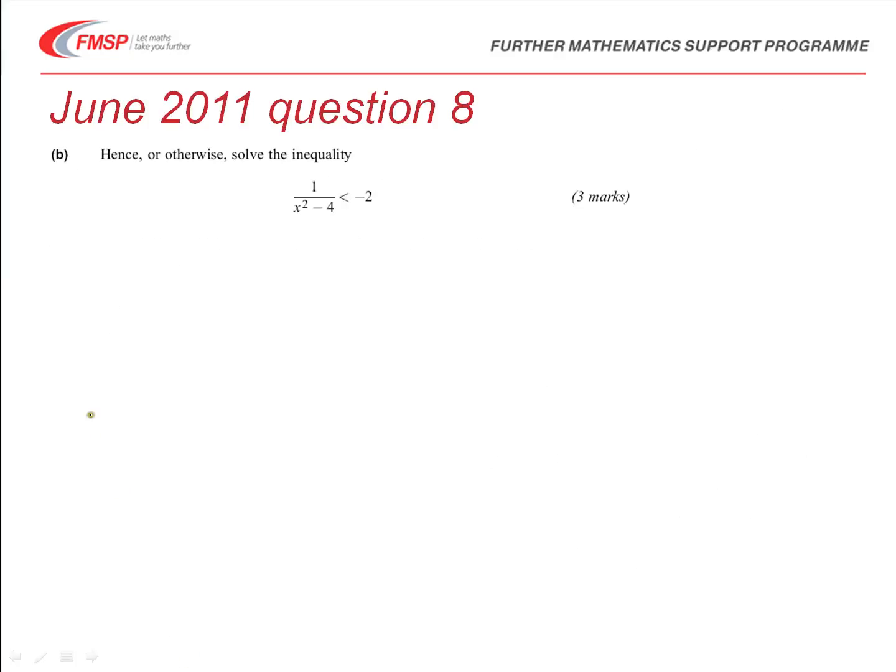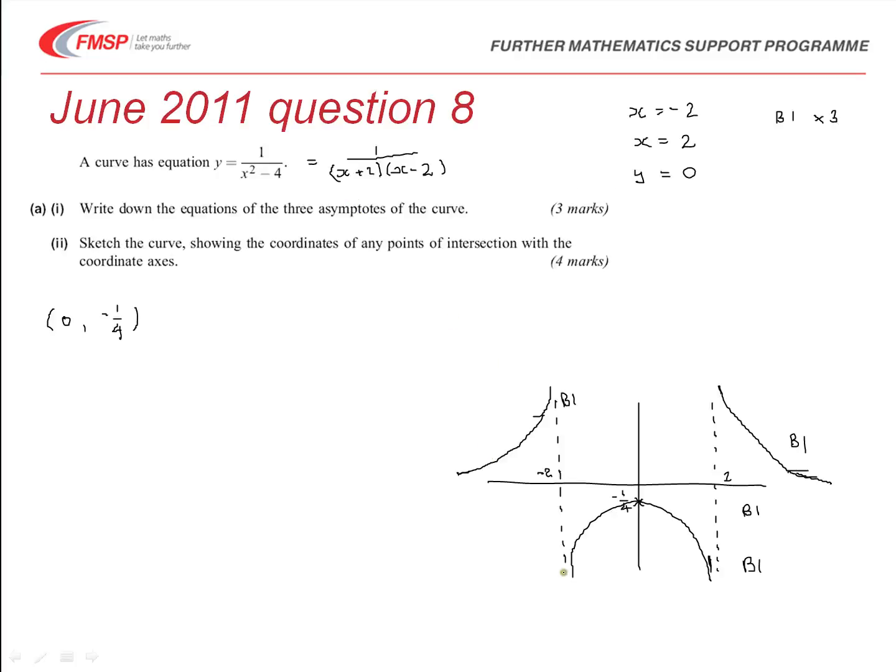Now in part B, they want you to solve the inequality 1 over x squared minus 4 is less than negative 2. Well, if we go back and look on our graph, less than negative 2 would be to draw a line in across from negative 2. So negative 2 is here, so we've got a line coming across at negative 2, and we want the sections of the graph which are below that line, because it's less than negative 2.